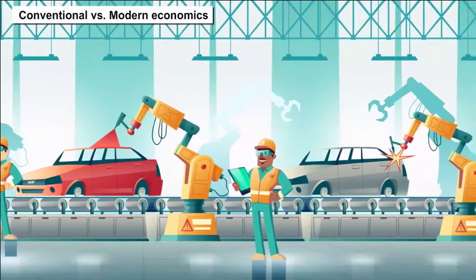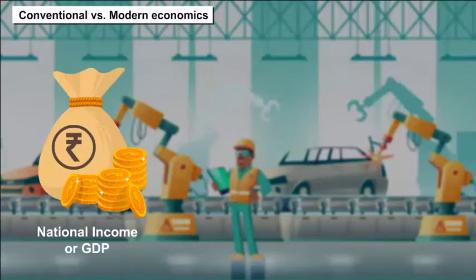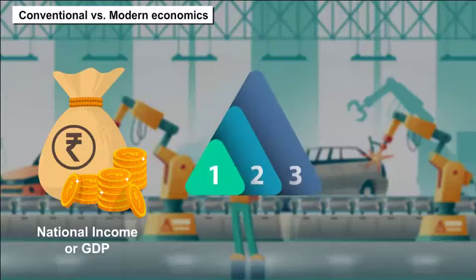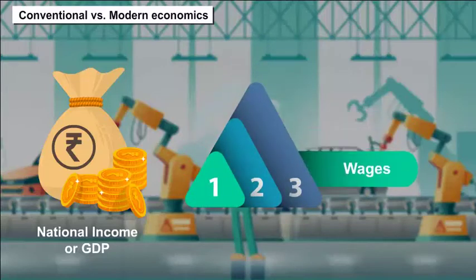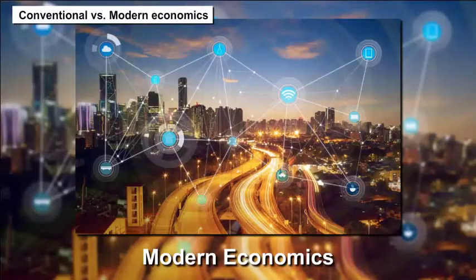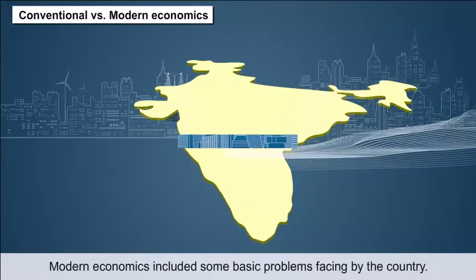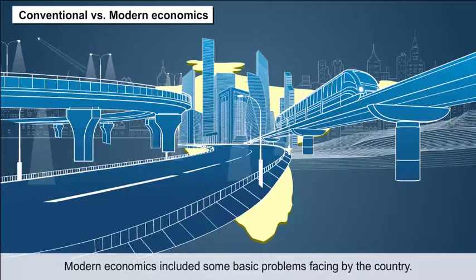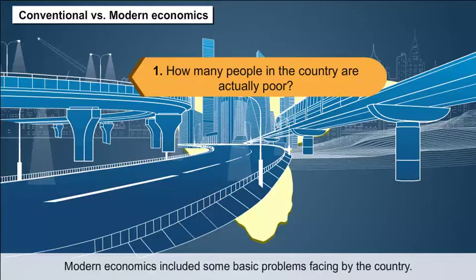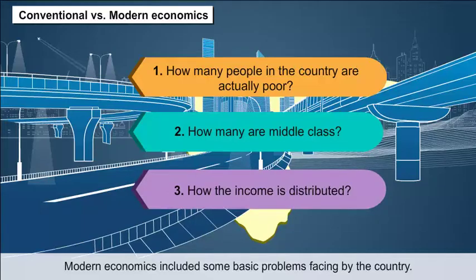The study of distribution helps us to know how the national income or GDP is distributed as wages, profits and interests. Modern economics. Modern economics includes some basic problems facing the country, like how many people in the country are actually poor, how many are middle class, and how the income is distributed.